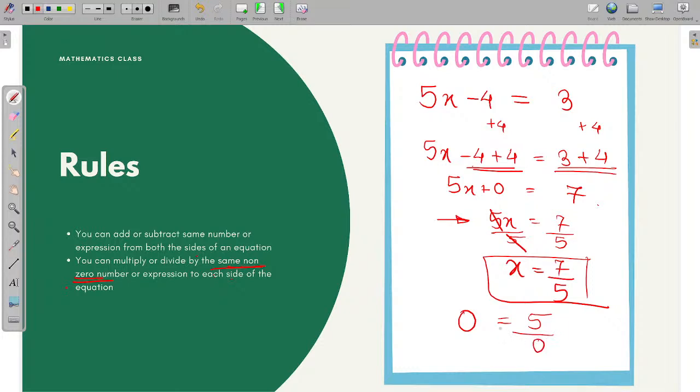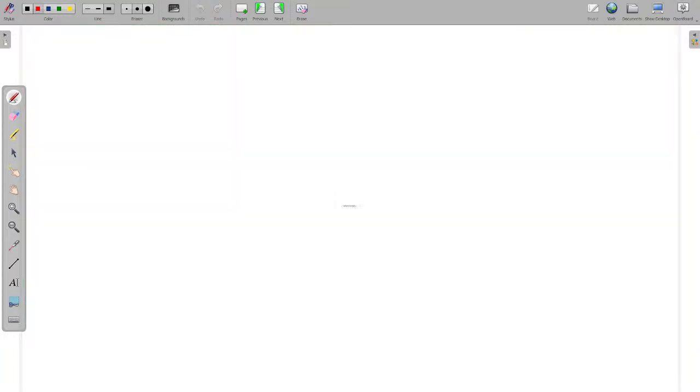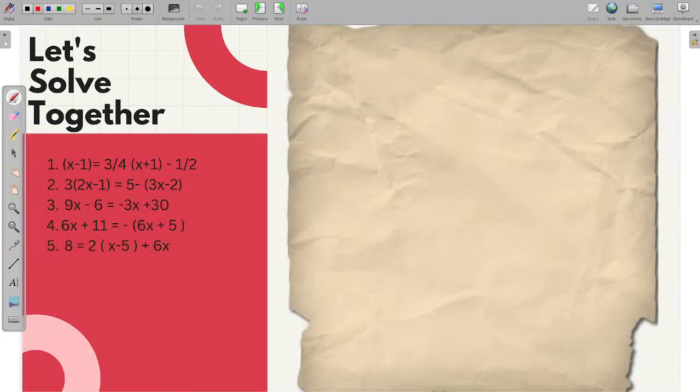The reason I'm telling you this is because for some days I've been watching a video in which that guy proves that 2 plus 2 equals 5, right? So the video is completely baseless, as you cannot divide by zero. Okay, yeah. So the next thing is, we'll solve a few examples.